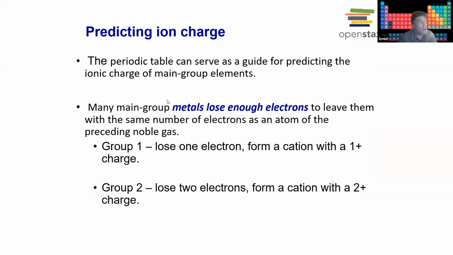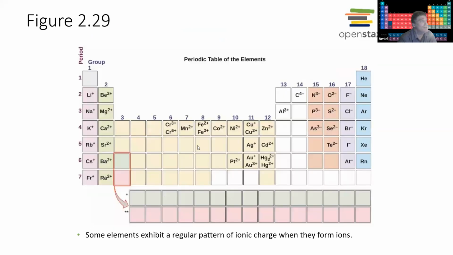Okay, how to predict ion charge? Well, I'm just going to cut to the chase. Here it is. You should have this very handy when doing homeworks and on exams.